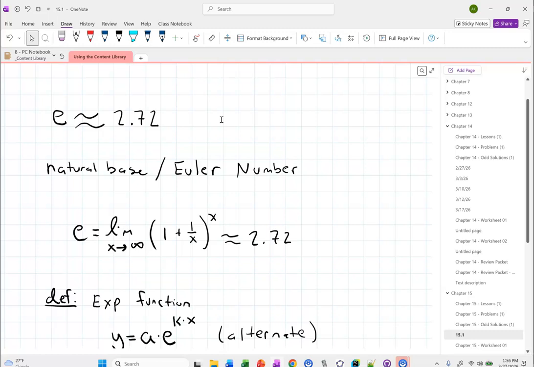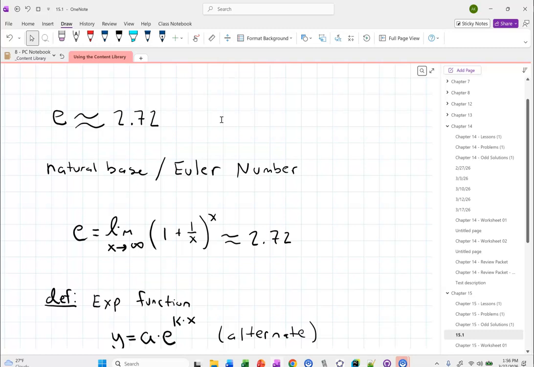So since pi is from the circle, where is this number from? We'll get to where this number tumbles out from. It has to do with continuous growth, but we'll talk about that a little later when we talk about compound interest. It fits really nicely, and you can appreciate where it comes tumbling out.